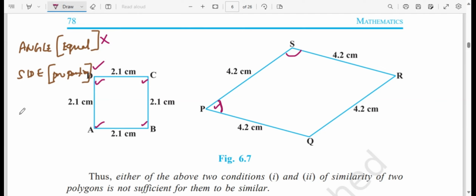The sides are in the ratio 1 is to 2: 2.1 by 4.2, here also 2.1 and 4.2. All the sides look good and are proportional, whereas the angles are not equal. Hence, it is not similar. Both criteria have to be satisfied: angles have to be equal, and sides have to be proportional.